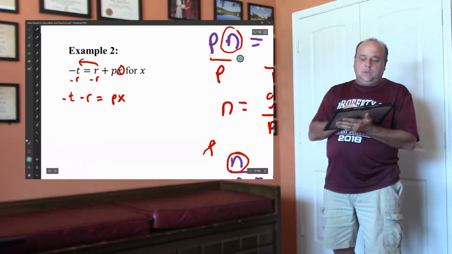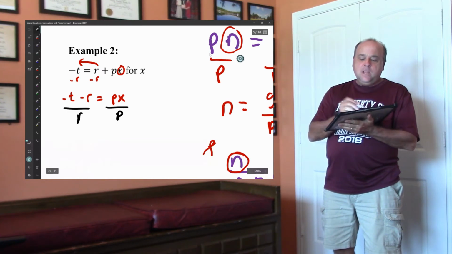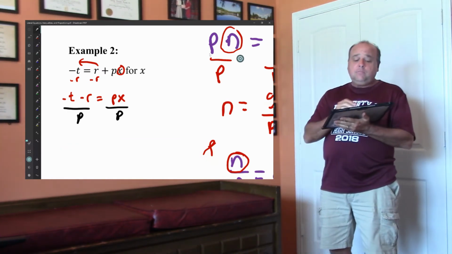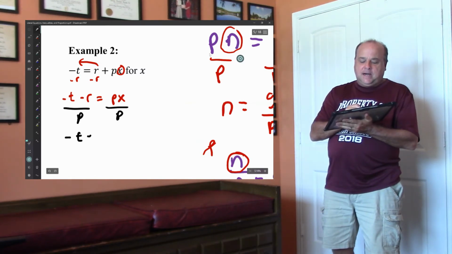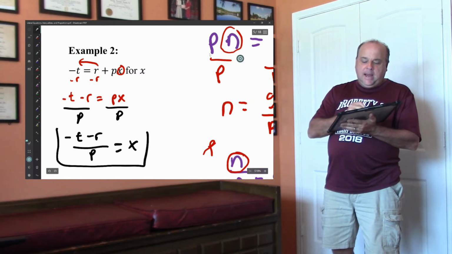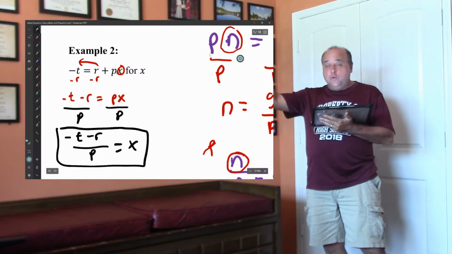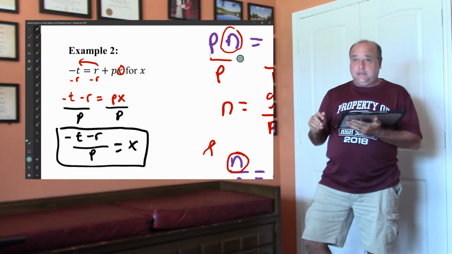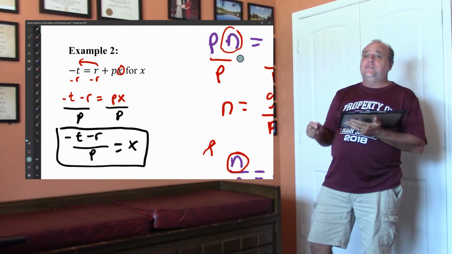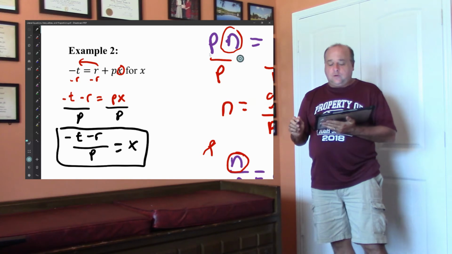And then we'll divide both sides by p. Notice on this one, we're going to draw 1 fraction bar on the left. So we'll get negative t minus r over p equals x. And notice the p went from the numerator to the denominator, didn't it? If you don't have a fraction, that letter will go into the denominator when you divide it across.